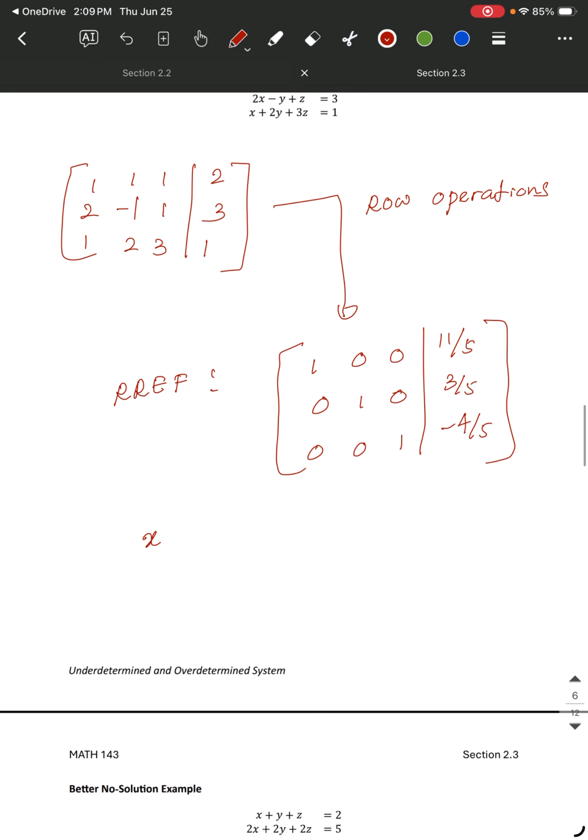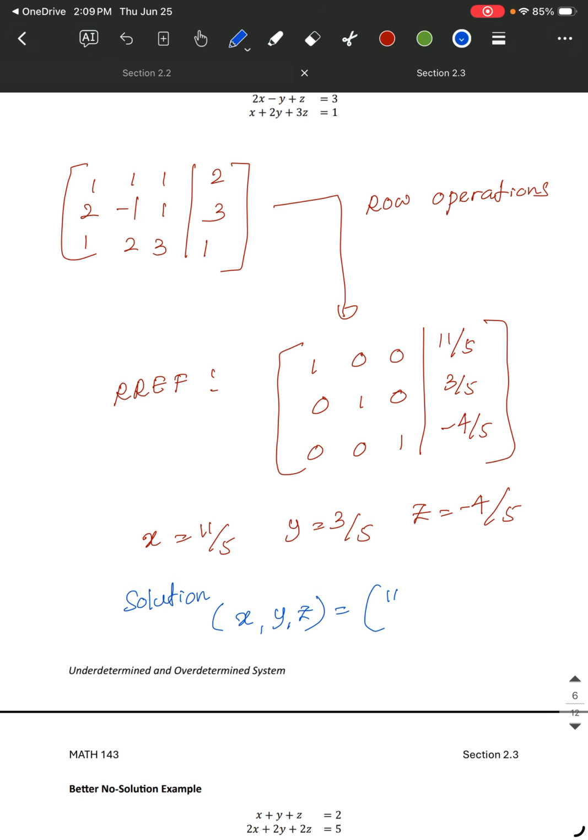So, therefore, x equals 11 over 5, y equals 3 over 5, z equals negative 4 over 5. So, the solution set (x, y, z) equals (11 over 5, 3 over 5, negative 4 over 5). A unique solution.